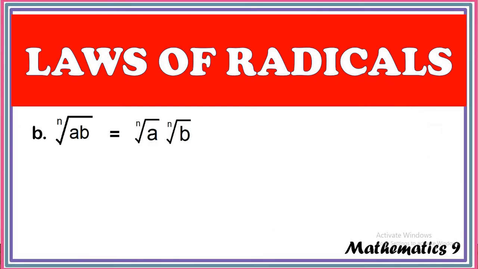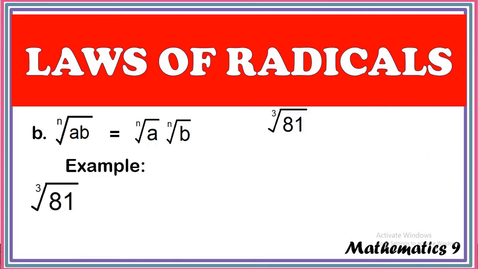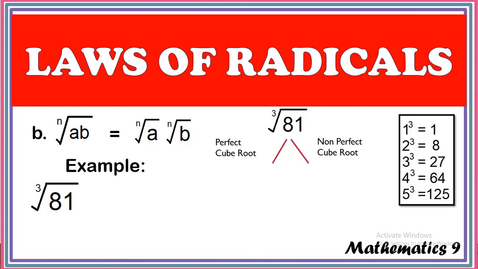Another example is the cube root of 81, and as you know, there is no perfect cube root of 81. So we will get two factors where the first one is a perfect cube and the other one is not. Here, 27 is a factor of 81, which is 3 cubed.